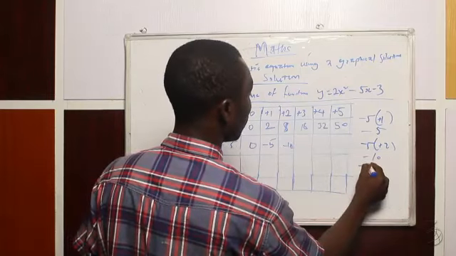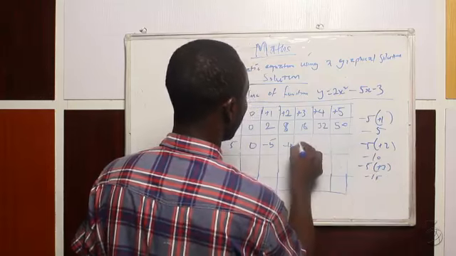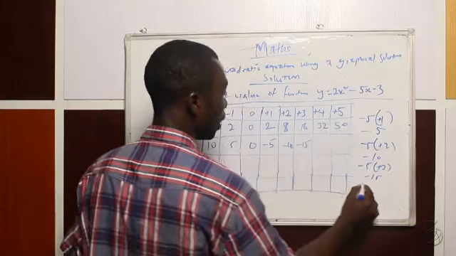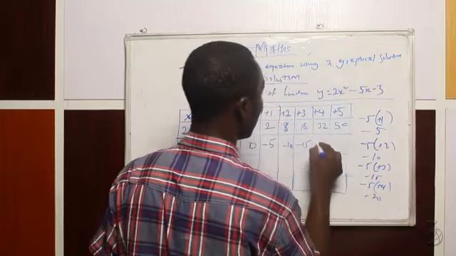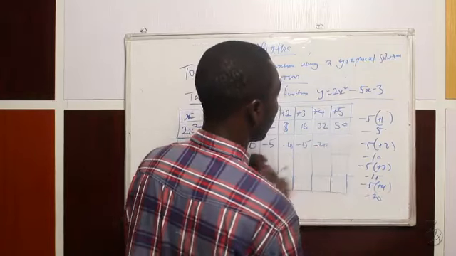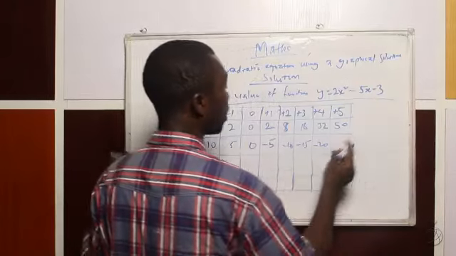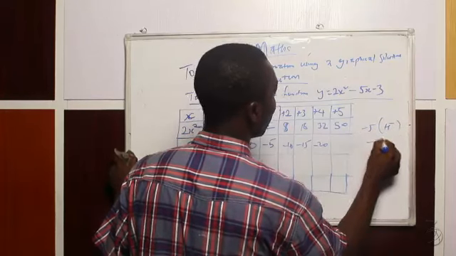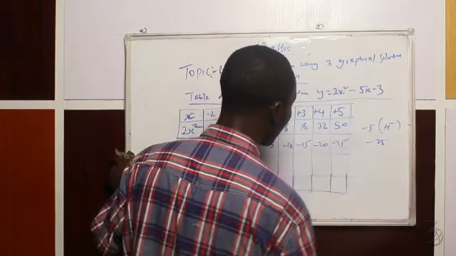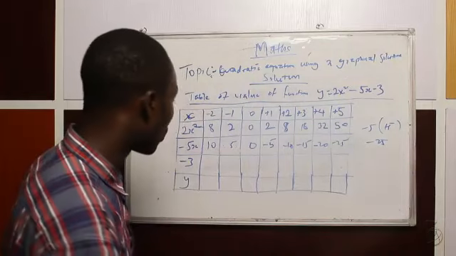Here is minus 5 bracket into plus 3, which gives us minus 15. Here is minus 5 bracket into plus 4, which gives us minus 20. And the last one for this minus 5x is minus 5 bracket into plus 5, which will give us minus 25. So now the value of our minus 5x has been concluded.